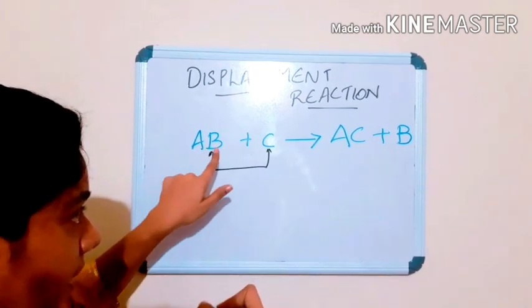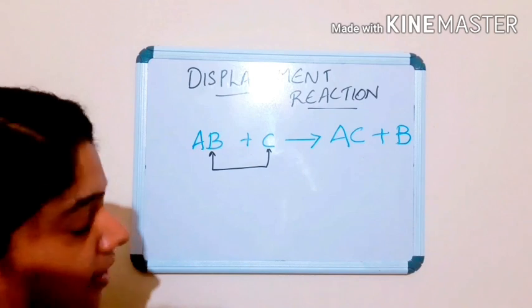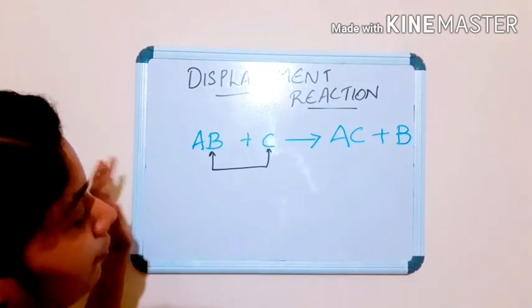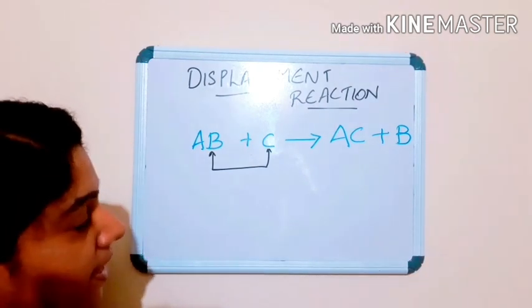In the place of B, C is attached. This type of reaction we call the displacement reaction.